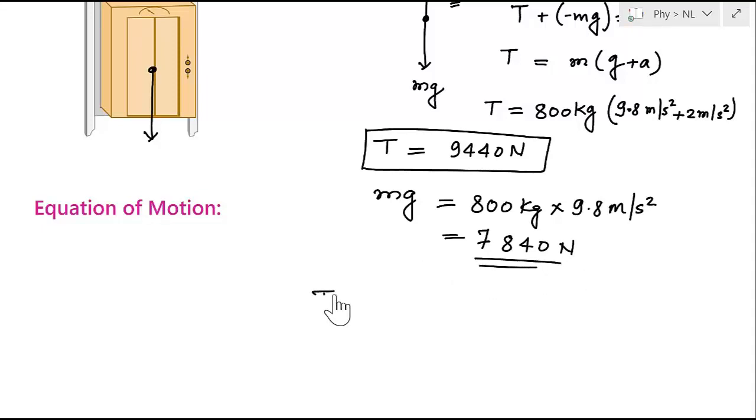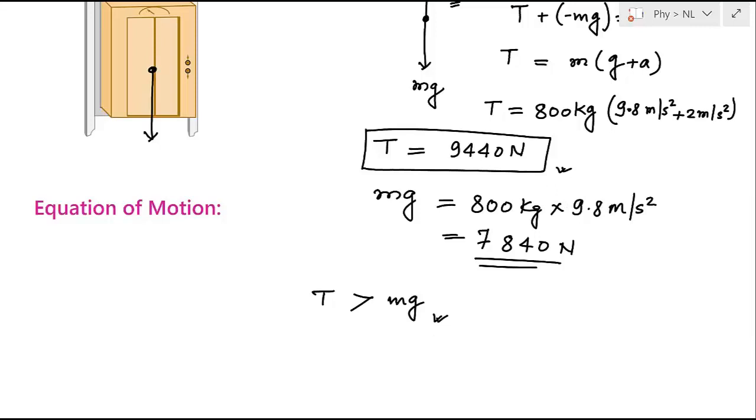So you see, in this case tension is greater than mg, and we said in the beginning also that tension has to be greater than mg, because the cable has to apply a force so that the elevator decelerates. In other words, the elevator will have acceleration in the upward direction so that it can decelerate, and that's why the tension force is greater than mg.